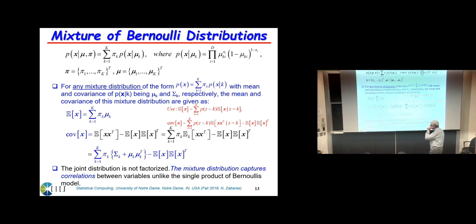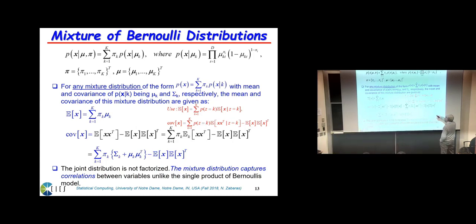So the first thing I want to show you is that if you have a mixture of these components, the covariance basically has off-diagonal elements that are not zero. If you want to calculate first the expectation, you need to use this identity, divide and conquer, if you like. So the idea here is Z is a latent variable that tells you what component you're coming from.